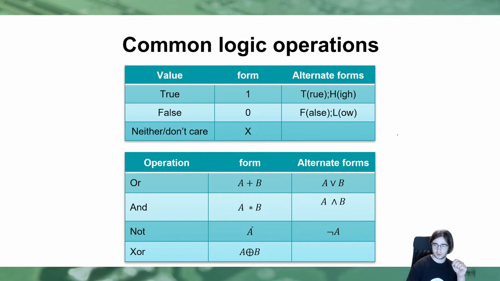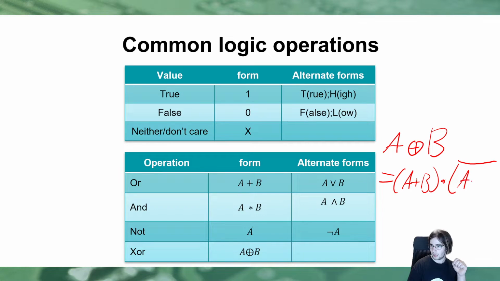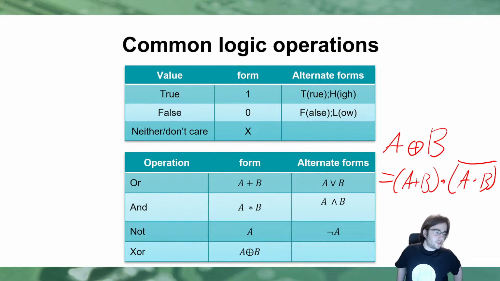We usually don't use XOR because A XOR B equals A or B, and not A and B. I just write it a bit smaller: A or B and not A and B. That is the same as XOR, and with one operand less, it is a bit easier.